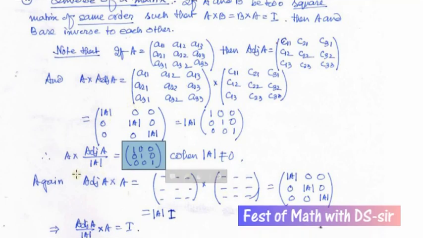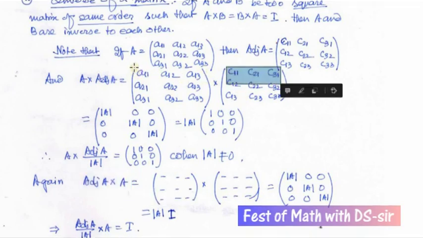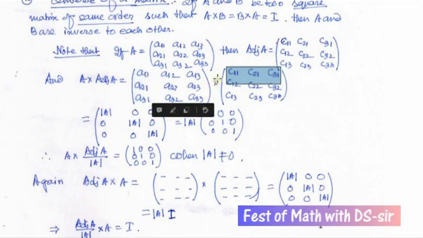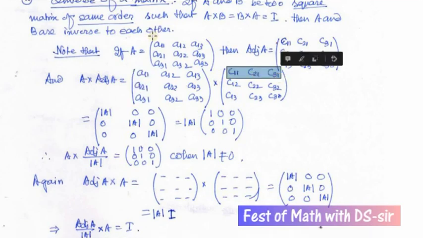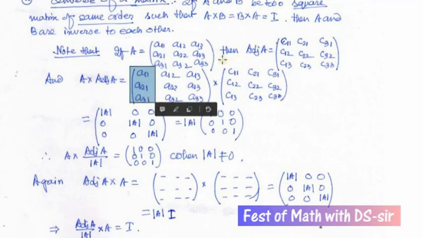Again, if we multiply adjoint A by A, these two matrices interchange. So this row will be multiplied by this column. Now see, this row represents the cofactors of the first column elements in det A, and these are the first column elements.